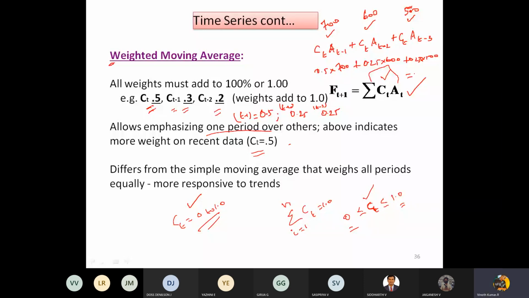What is the calculated value for this? 625. Yes, it is 625. Right.